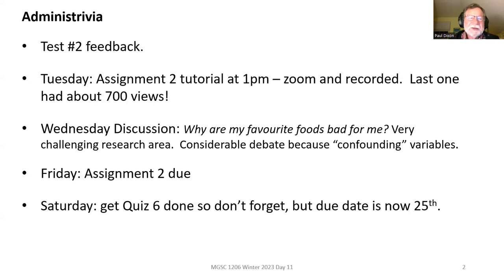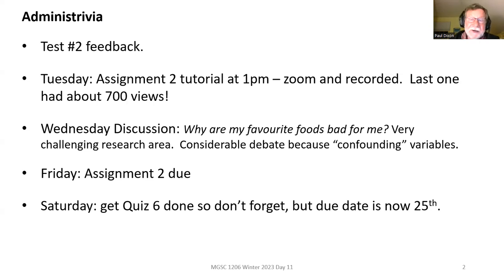And so, how do they do the research to be able to do that? Think about it. How do you do research on diet? It's really, really hard to do. And we can't do experiments generally. They're generally observational studies. And when that happens, we get what we call confounding variables. Now, we just looked at Simpson's paradox last week.